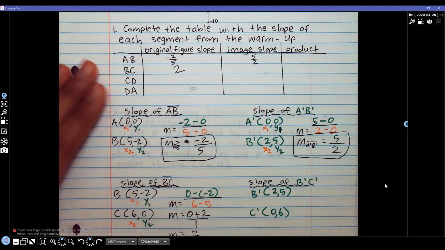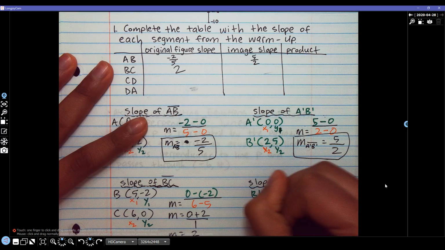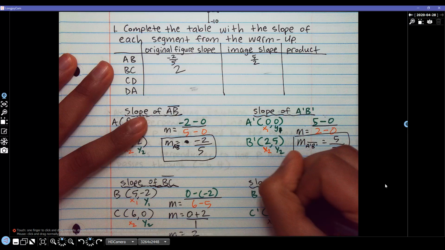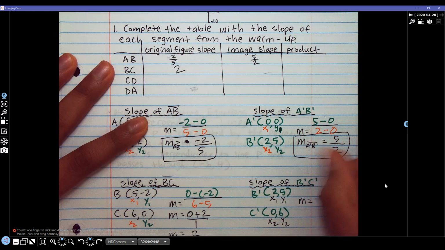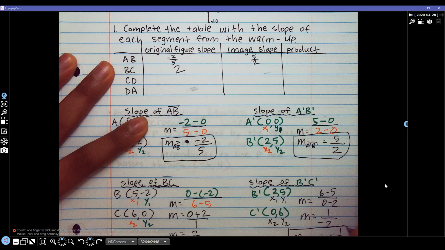So I'm going to label my x1, x2, y1, y2. So slope, y2 minus y1, 6 minus 5 over 0 minus 2. 6 minus 5 is 1. 0 minus 2 is negative 2. So the slope of segment B prime C prime is equal to negative 1 over 2. Great. So I'm going to put that in here.